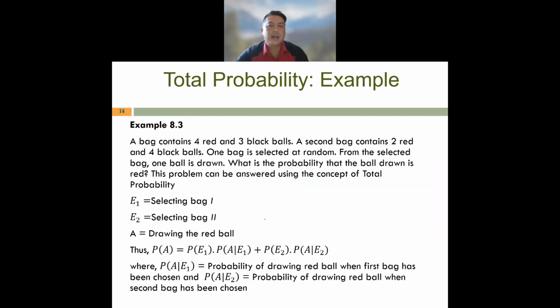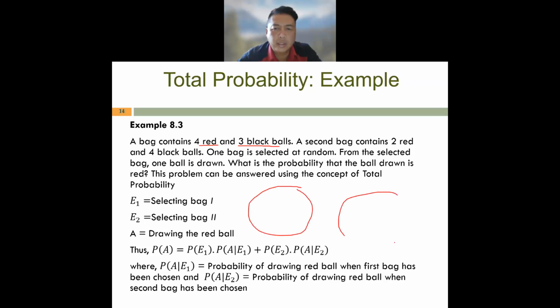Now we look at an example. In this example, we have a bag containing 4 red and 3 black balls. So basically, we have 7. In the second bag, we also have 2 red and 4 black balls. So we have 6.